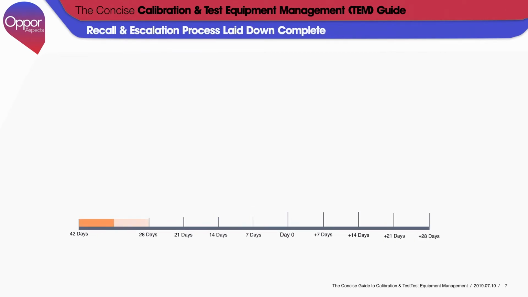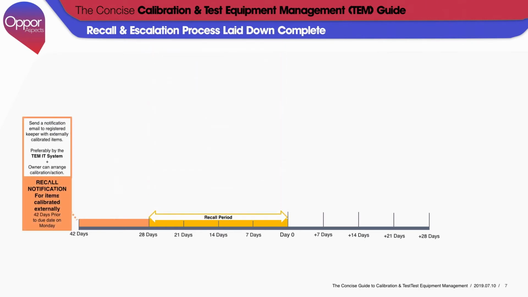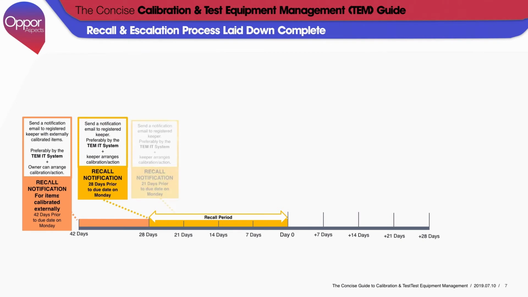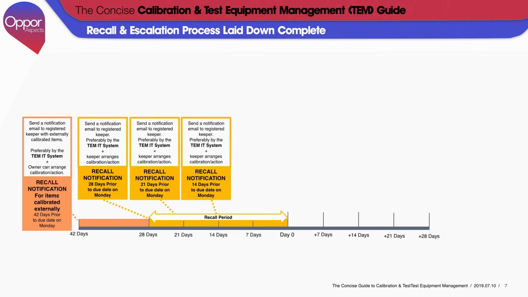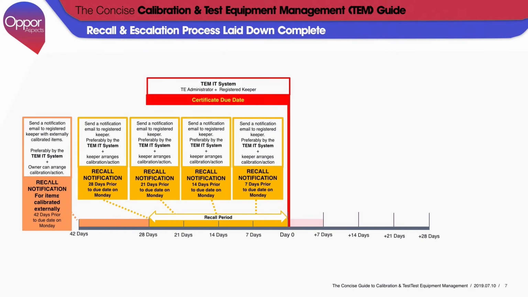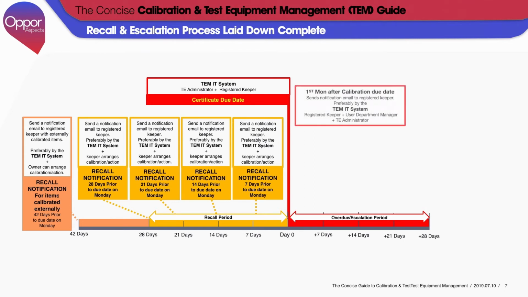So, just to give a quick overview of the two laid side by side, you have the recall period, with notification sent out 42 days prior to people having their externally calibrated items due. Then you have the 4 notifications leading up to day 0, with the test equipment administrator and office getting involved on day 0.